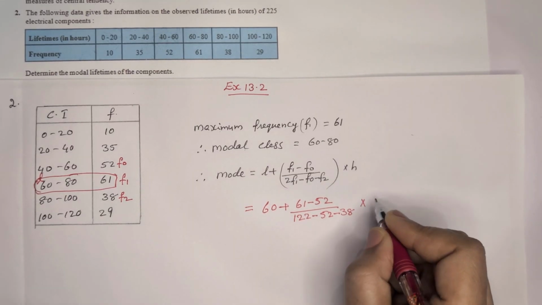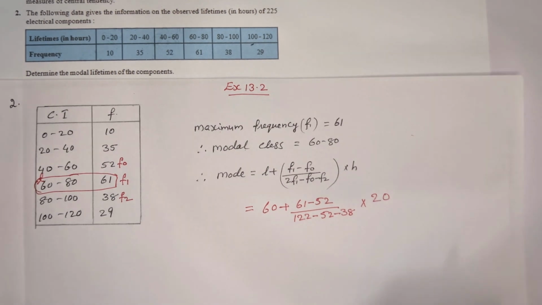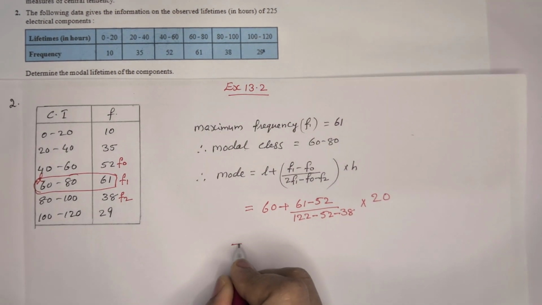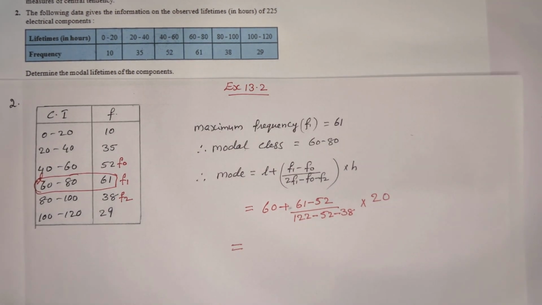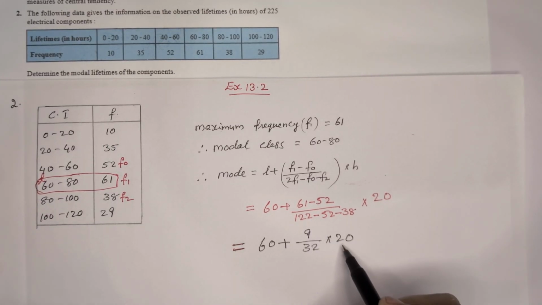That into 80 minus 60, 20. So when we are doing that, 60 plus 9 by 32 into 20.